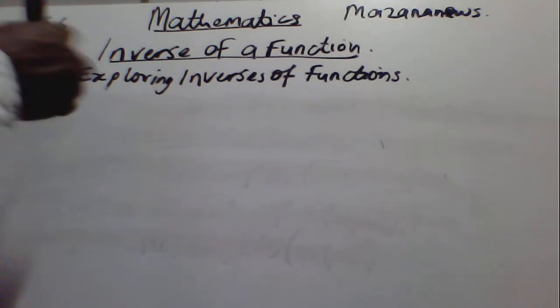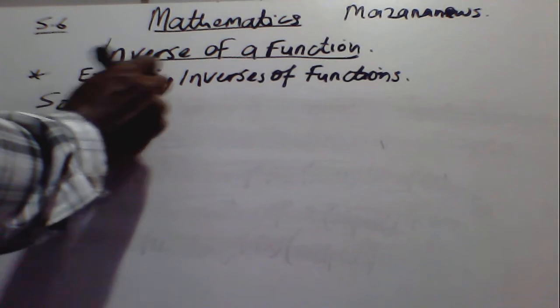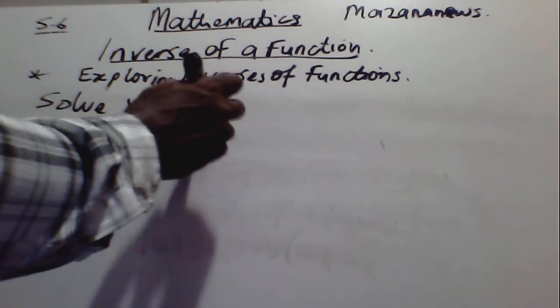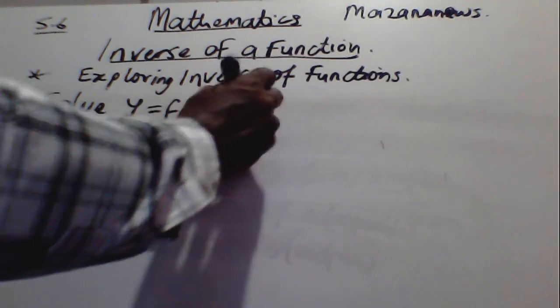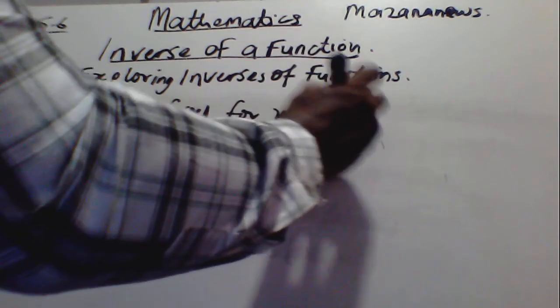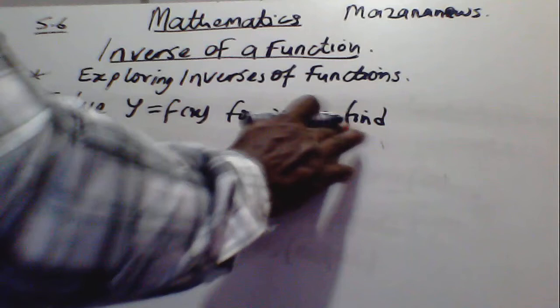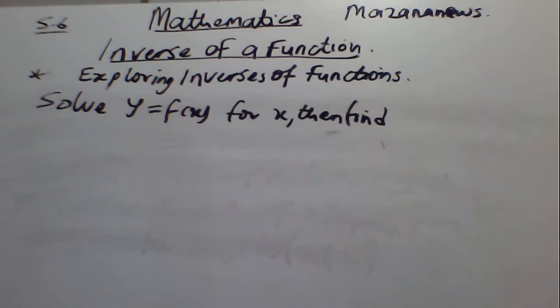So if you are told to solve y equals f of x for x, then find the input when the output is 2.